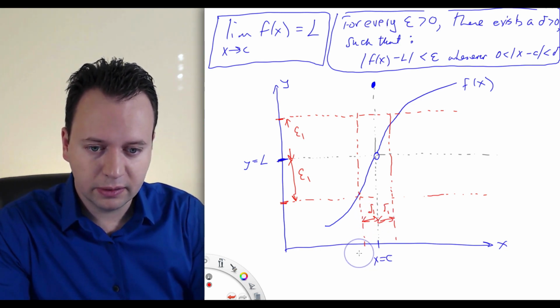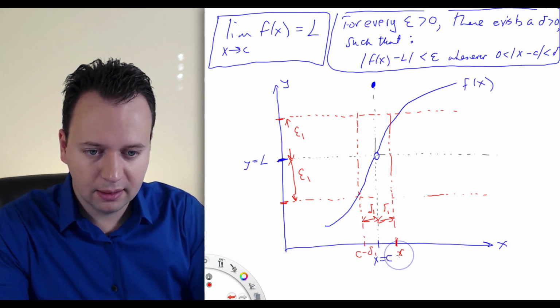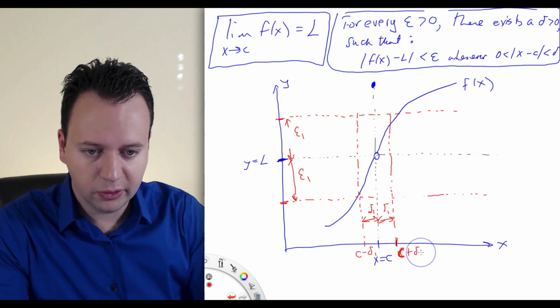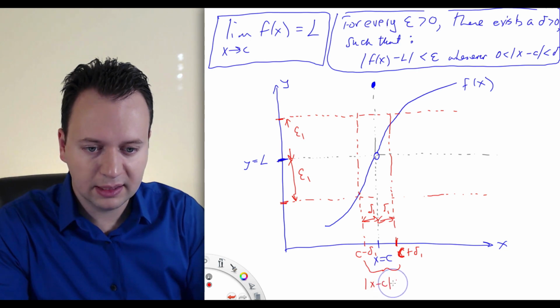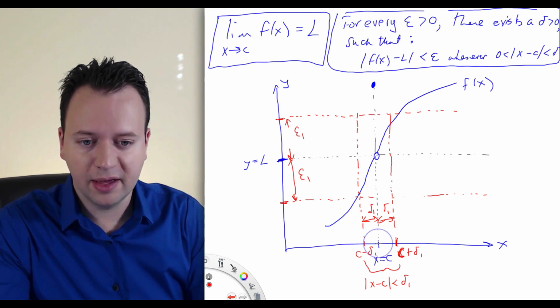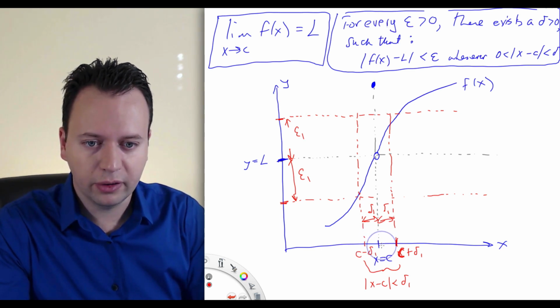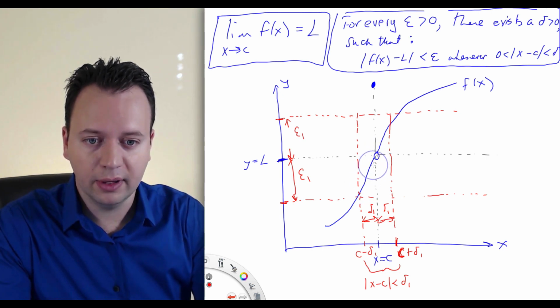So in other words, this is c minus delta 1, and then over here we have c plus delta 1. So this interval right here is essentially the interval where the absolute value of x minus c is less than delta 1. So as long as you're on that interval, except possibly at the point x equals c itself, the y values will all be within a distance of epsilon 1 to the output L.